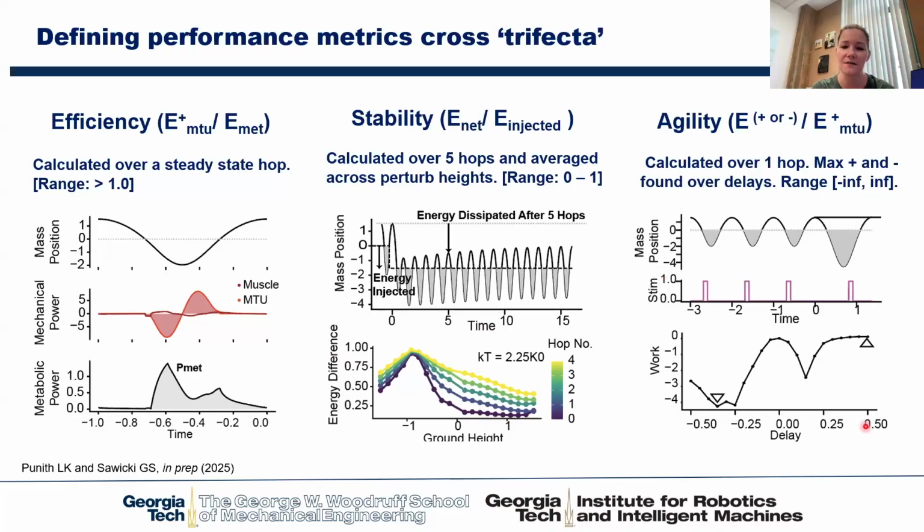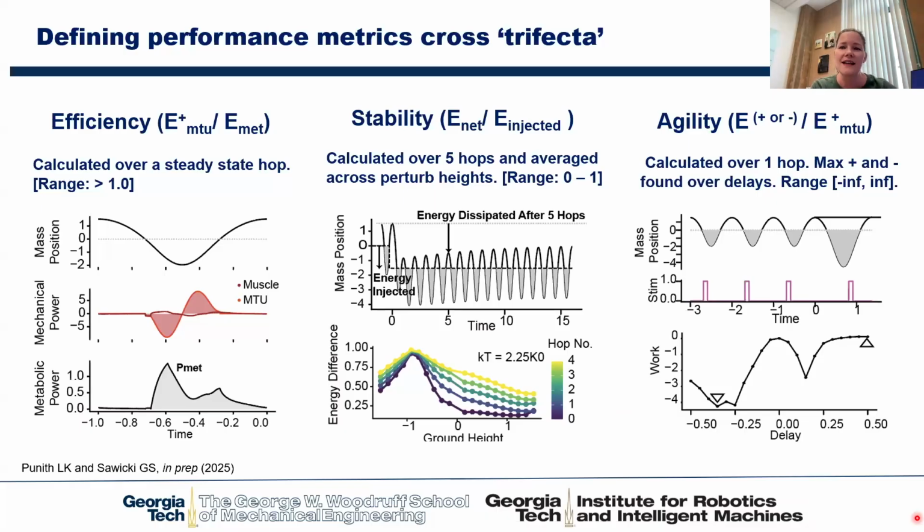Greg, until I had a conversation with Lena at CMB, I would have totally agreed with that definition of agility. But then Lena challenged it and said, what about slalom skiing? That's definitely an agility task where you're basically trying to keep your center of mass dynamics very smooth and your legs are going crazy underneath you, right?